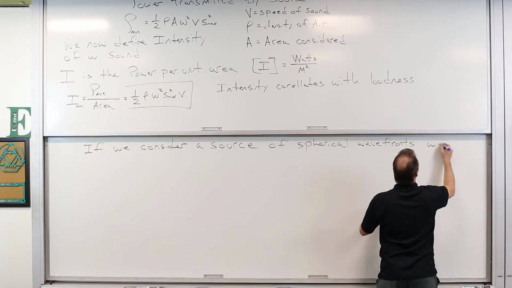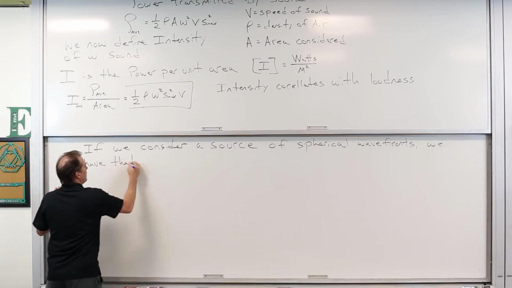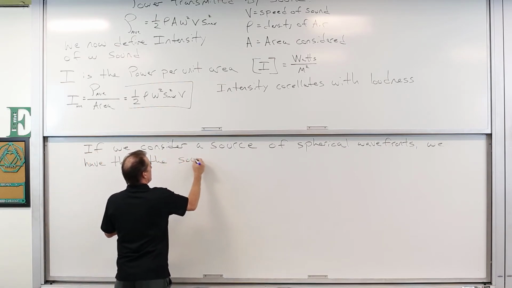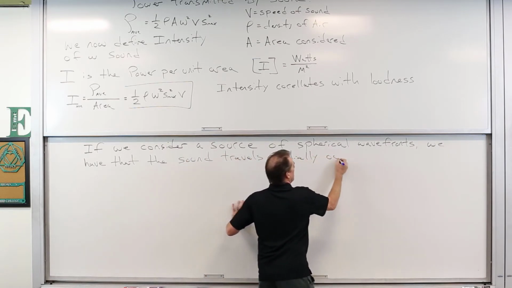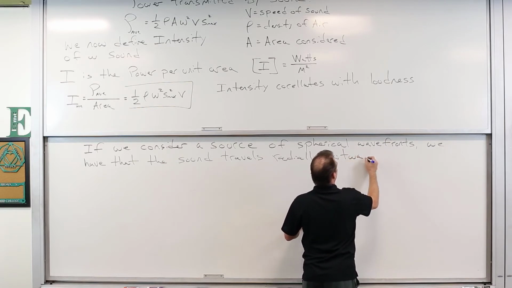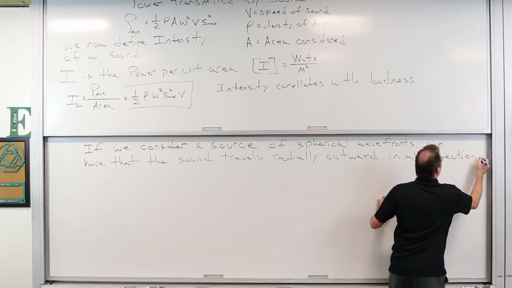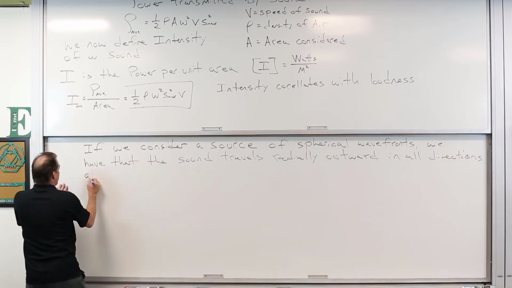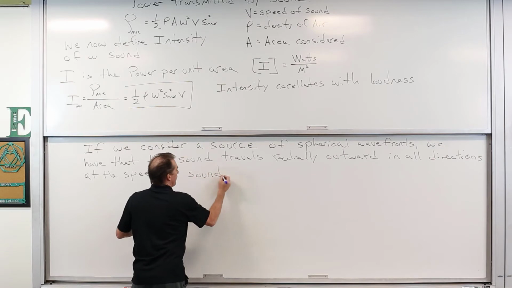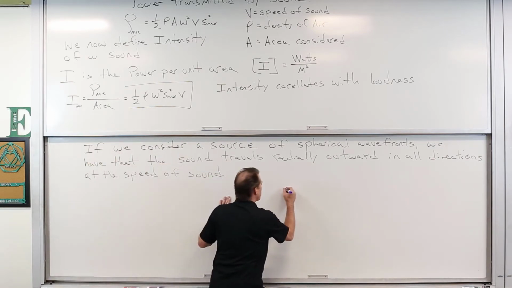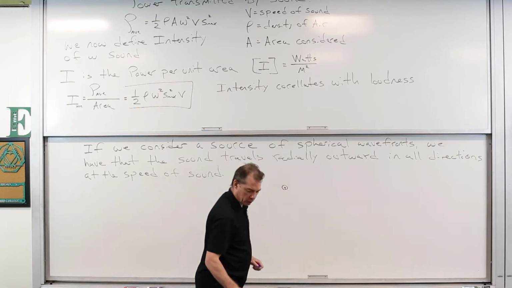We have that the sound travels radially outward, radially outward in all directions at the speed of sound. So consider this. Here's our source undergoing some vibrations, a little spherical source.